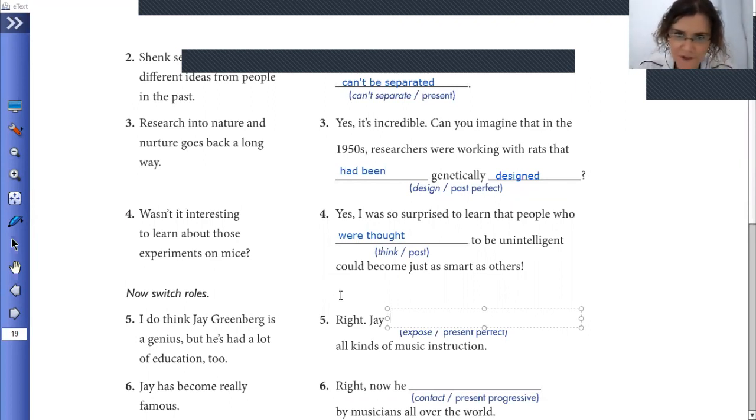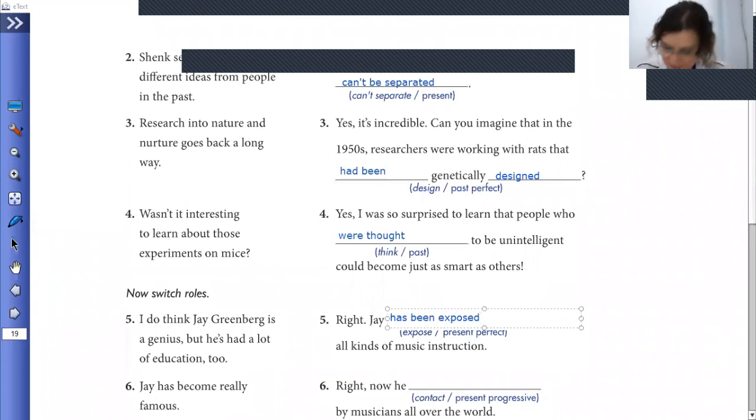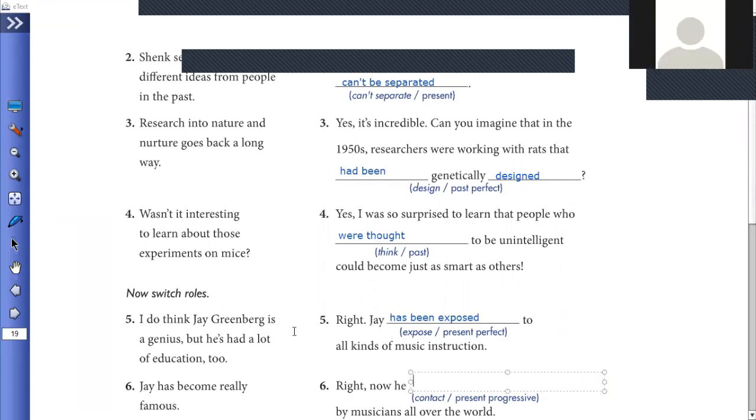Jay has been exposed to all kinds of music instruction. Yeah, of course. Awesome. Very good. Has been exposed. Cool. Would you like to do number 6 as well? Okay. Right now he is being contacted by musicians all over the world.